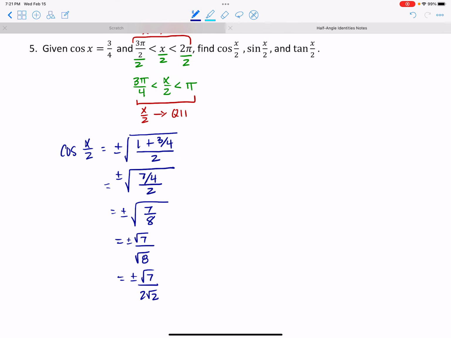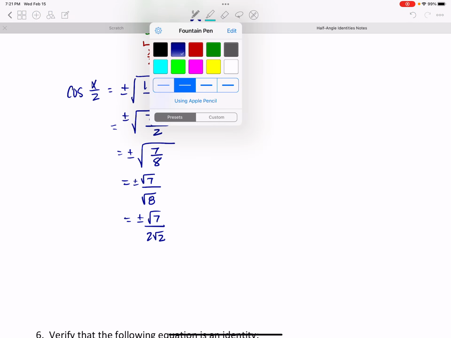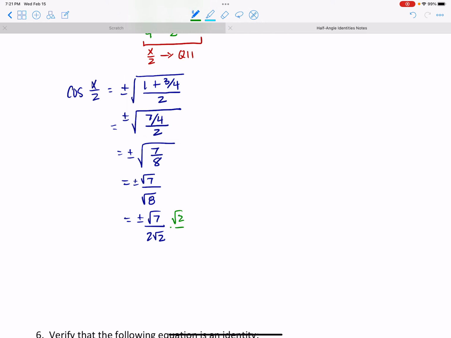Technically that can be rationalized. If I multiply by radical 2 over radical 2, then finally we're looking at plus or minus the square root of 14 in the numerator. Sorry, this should be radical 2 here, I'm going too fast. Radical 2 times radical 2 makes 2, and that 2 multiplied by the other 2 makes 4. So our denominator ends up being a nice rational number, which is the point of rationalizing. So that's the final simplified version.